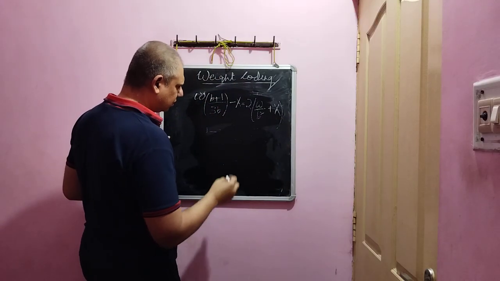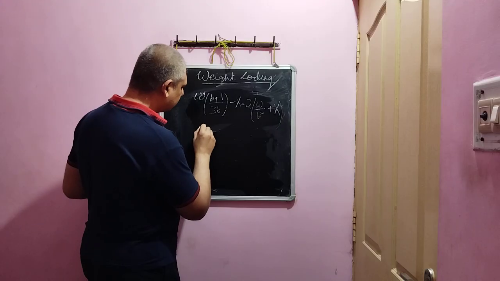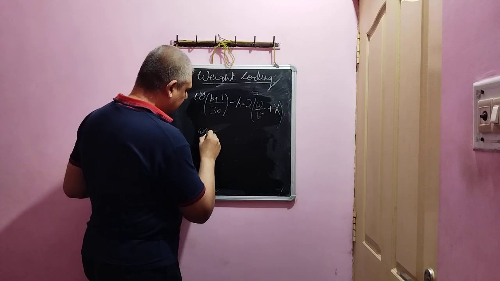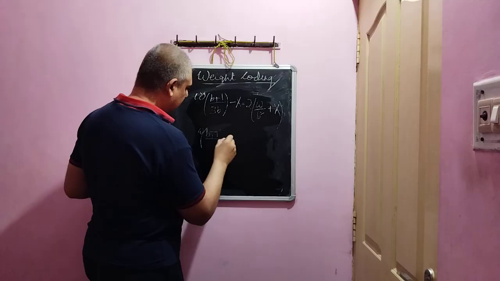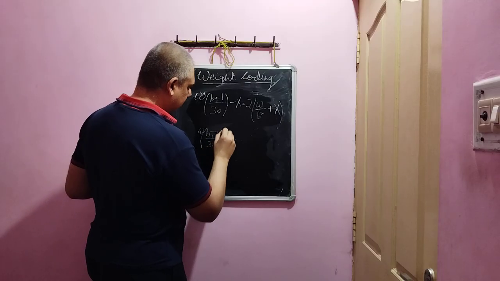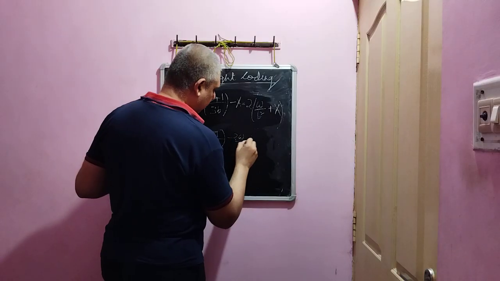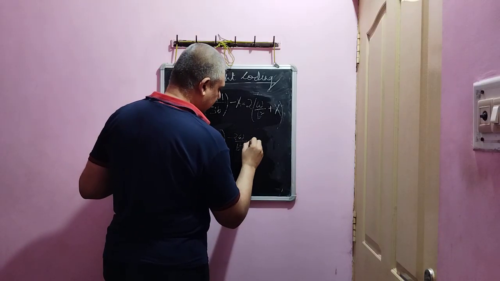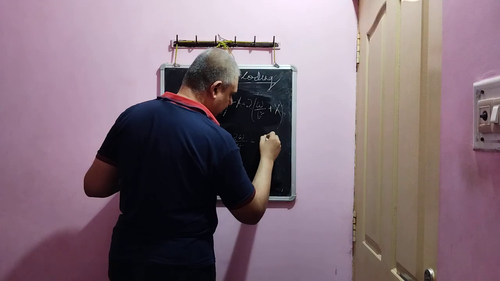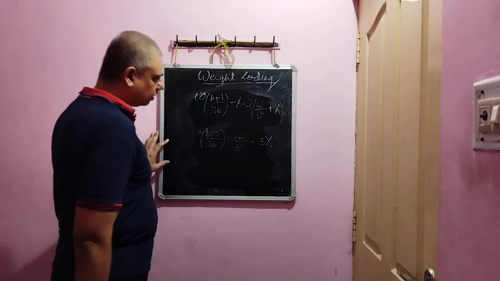That should give you W times (B plus 1) by 3B minus 2 times W by B square is equal to 3 times X.